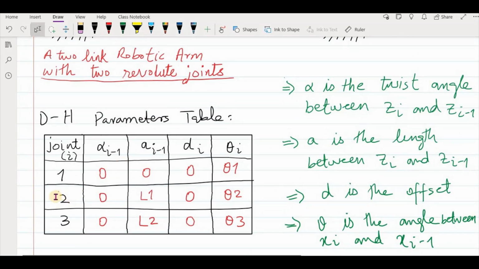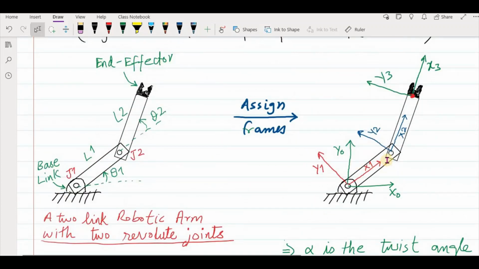So when we are at frame 2, or joint 2, our twist angle alpha is, you see that the z-axis of frame 2 and the z-axis of frame 1 are both parallel, because they both are coming towards you, out of the screen, out of the page.